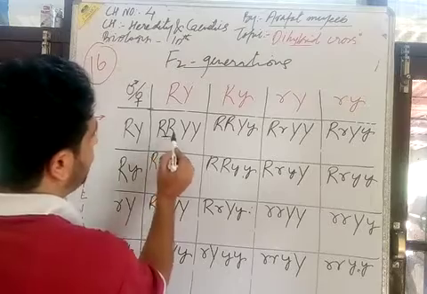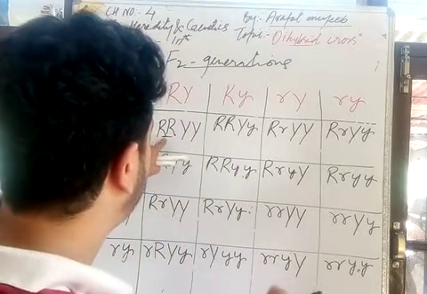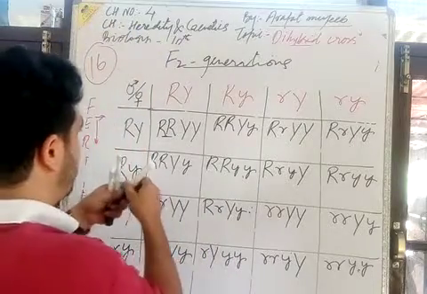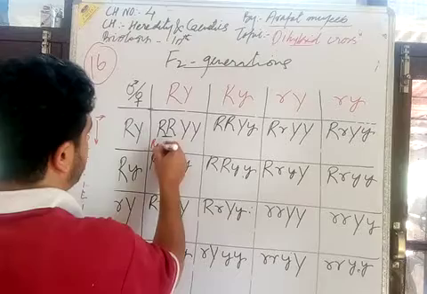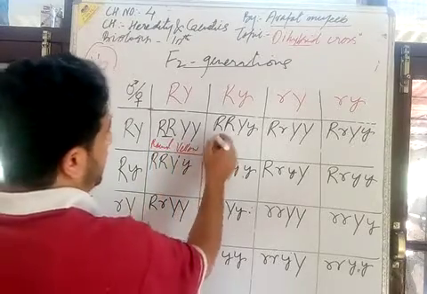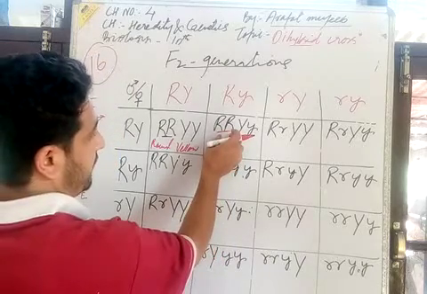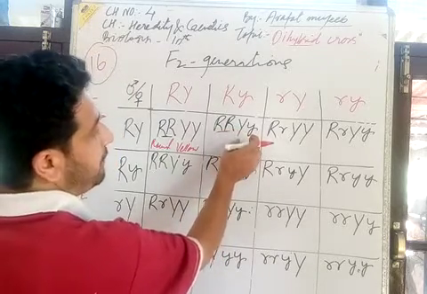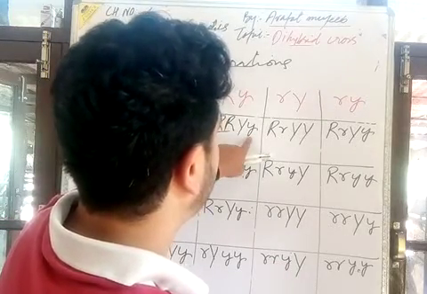Here both the genes, both the factors are dominant, and obviously here could be the round seed, yellow cotyledon. Here again a pair of dominant factors for round seed, and here is the hybrid pair of factors. One factor is dominant, another is recessive.